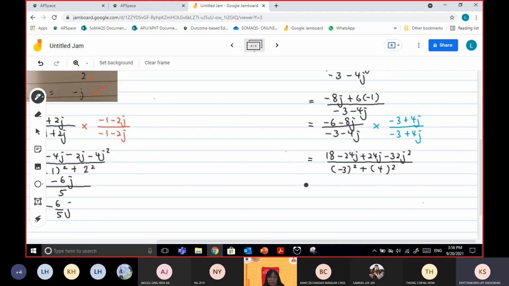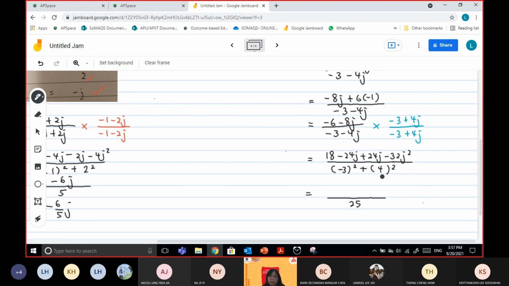Yes, correct. So the bottom will be 16 plus 9, 25. So at the top, 32 times negative 1, so plus 32. So 32 minus 18, so it's 14. Okay, so we only have 14 at the top.